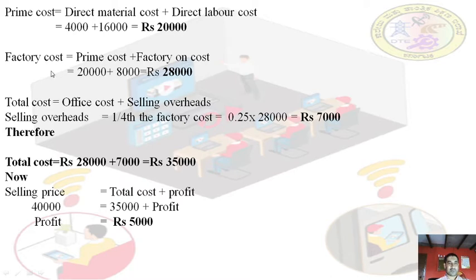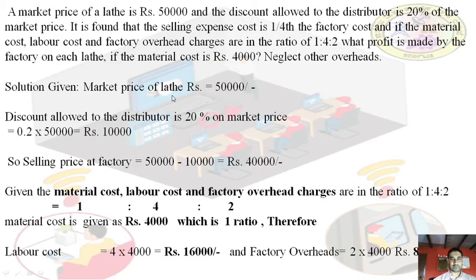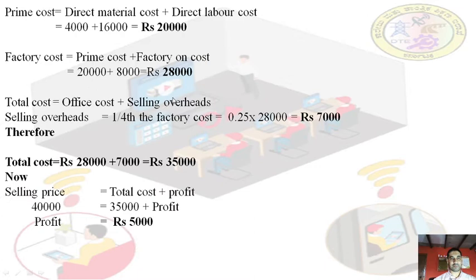After the factory cost, you have to calculate the office cost. Office overhead is not mentioned anywhere. So office cost equals factory cost plus office or administrative expenses, which is not mentioned in the problem, so that will be nil.